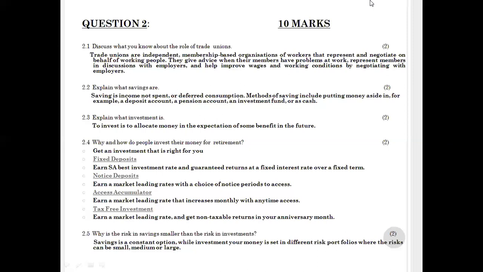Right, I'm just going to stay a few seconds on this page so you can finish marking question 2.